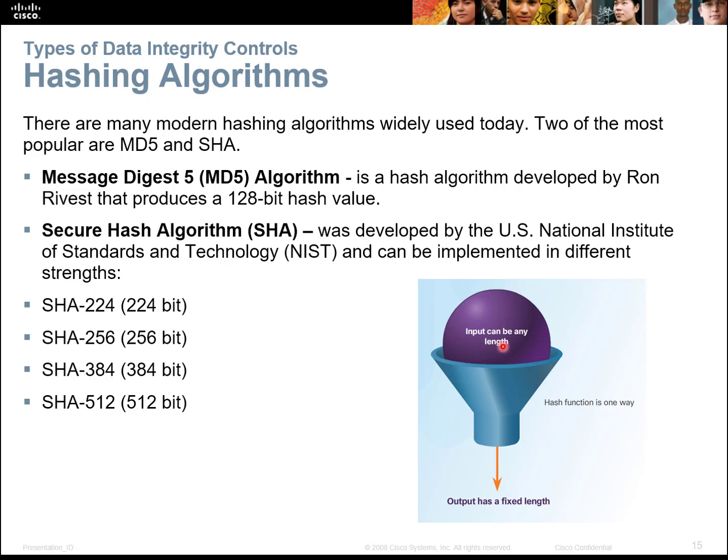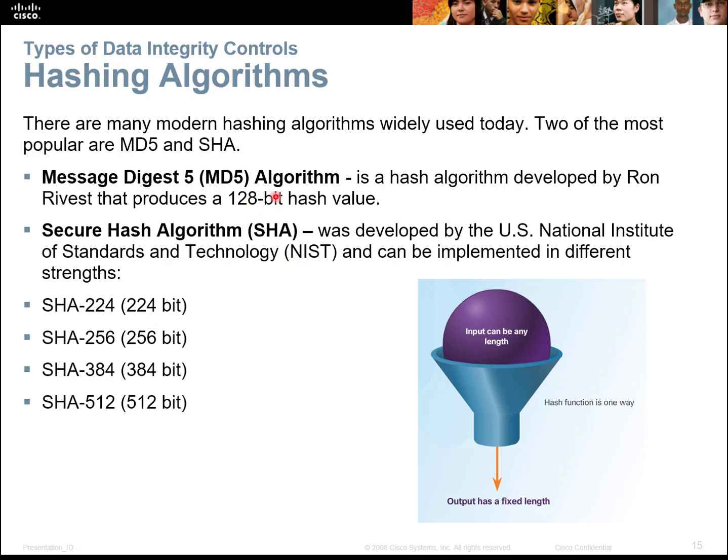Okay, you've probably seen these. This is MD5, or message digest 5 algorithm. This is an algorithm that is commonly used, and you will see the term MD5, and it's a 128-bit hash value. SHA, or secure hash algorithm, was developed by the National Institute of Standards and Technology, and it has different strengths.